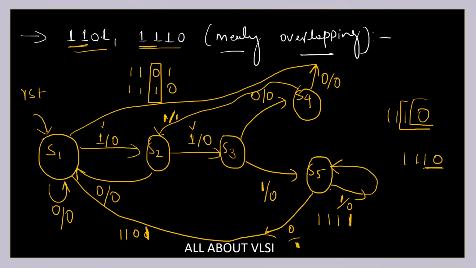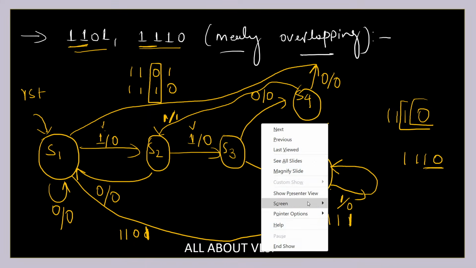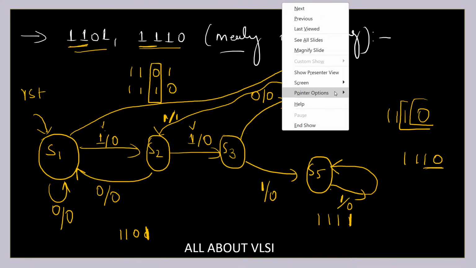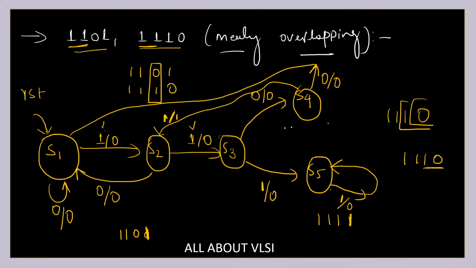Okay, we had 1 1 0, right? Fine. 1 1 0 is present in S4. You are going to S4. You can go to S4 state.